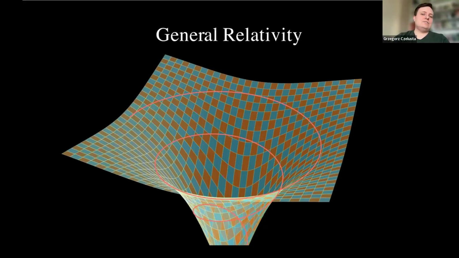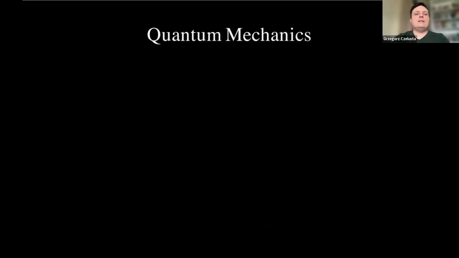So we have general relativity, and now let us look at the second ingredient, namely quantum theory. And one of the characteristic features of quantum mechanics is the uncertainty principle.